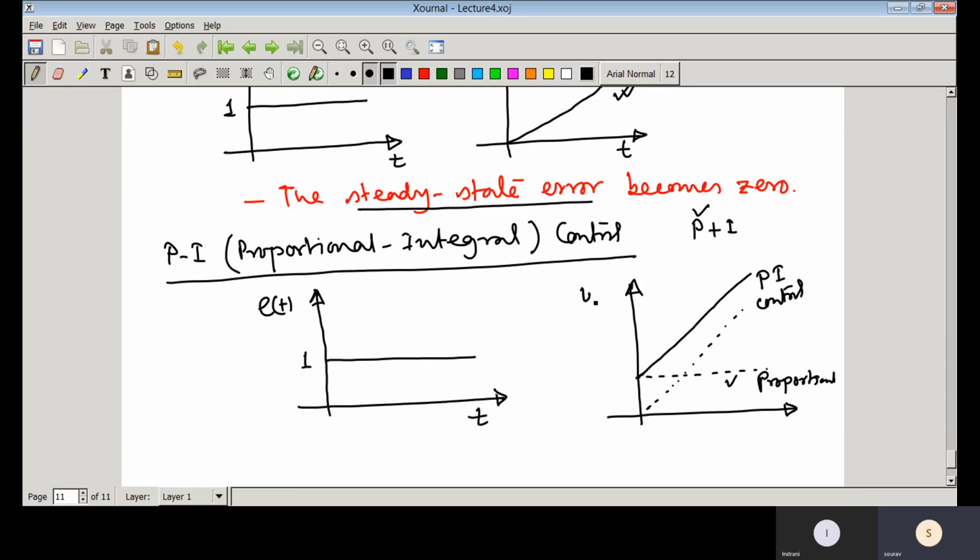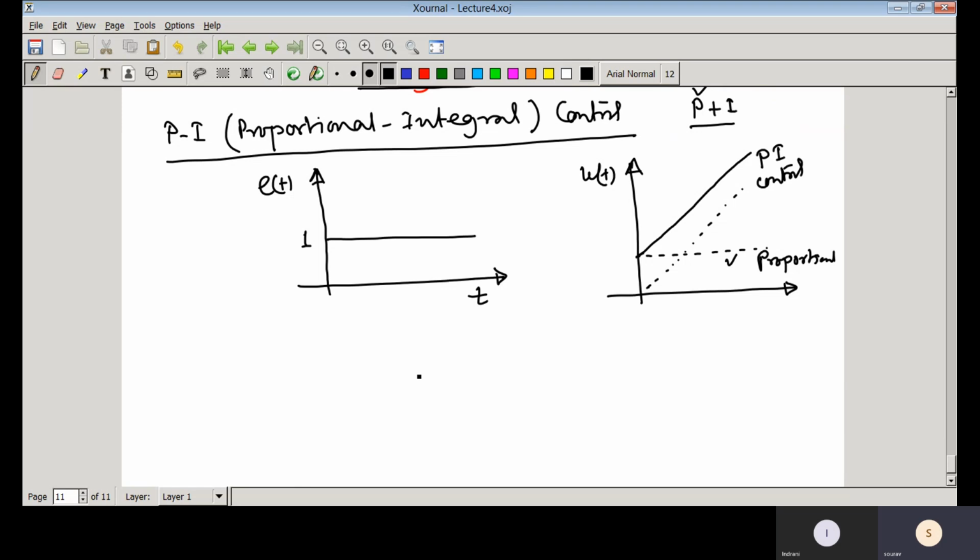So this is ut. So that means in closed loop control, if you use a PI controller, that means P plus I, I will be showing you that block diagram. So how it looks like, that means error signal is coming here, error signal et, and then it has two blocks.